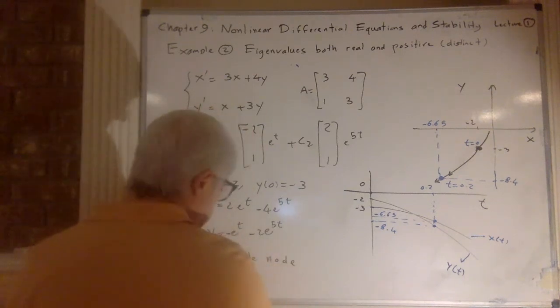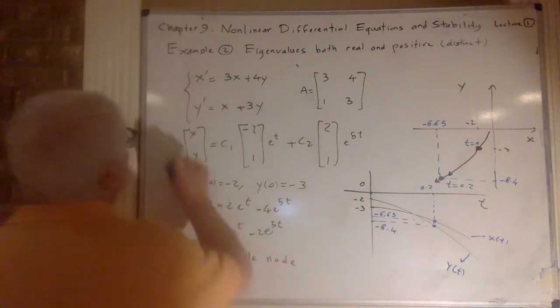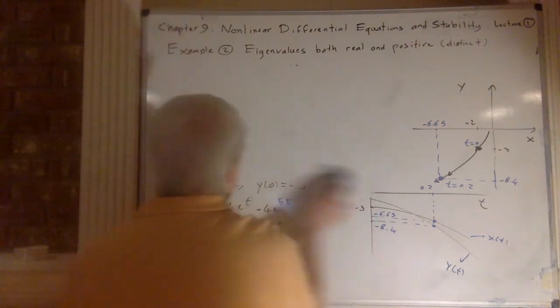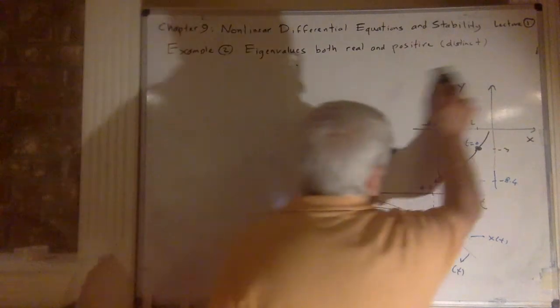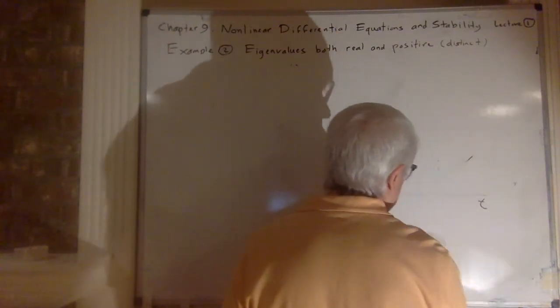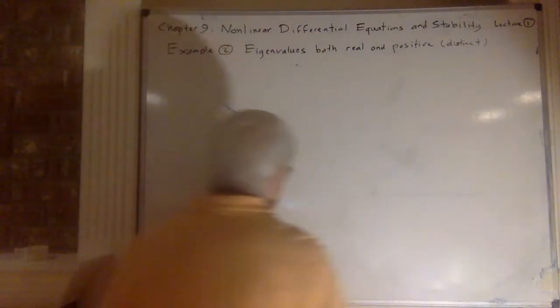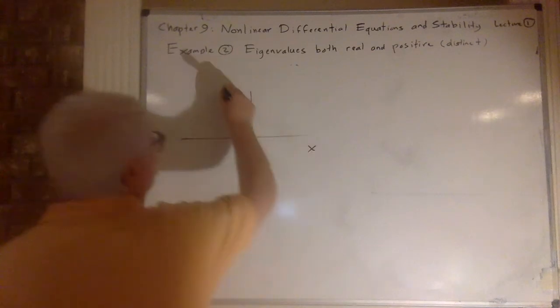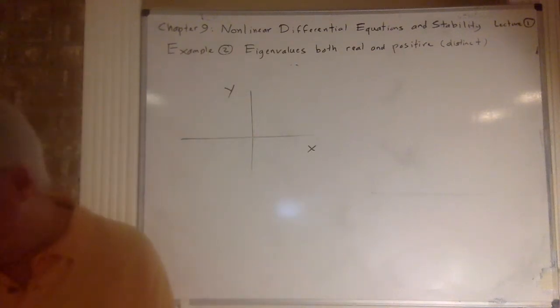So let me summarize here for these two examples. Well, if I didn't give you the phase plane, if I just graph some streamlines, they look like this.